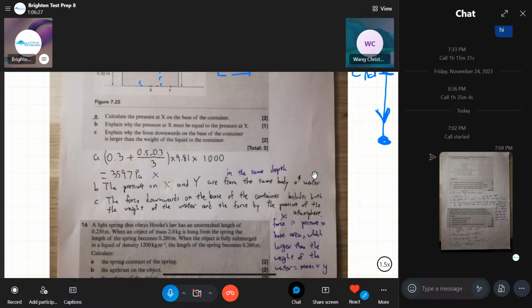But if we look at question C, they explicitly said that the weight force is smaller than the force on the base. Why is that?